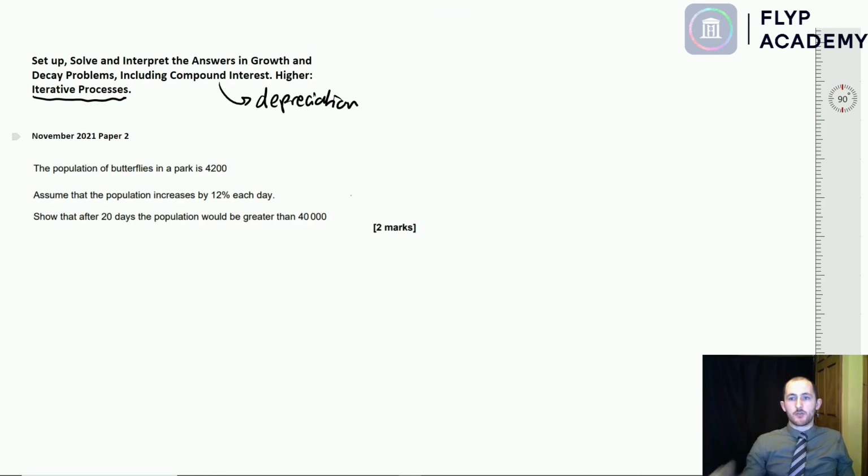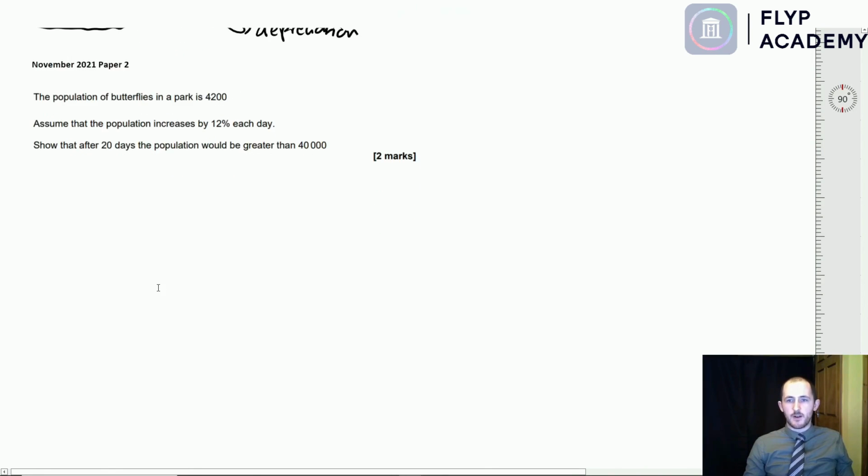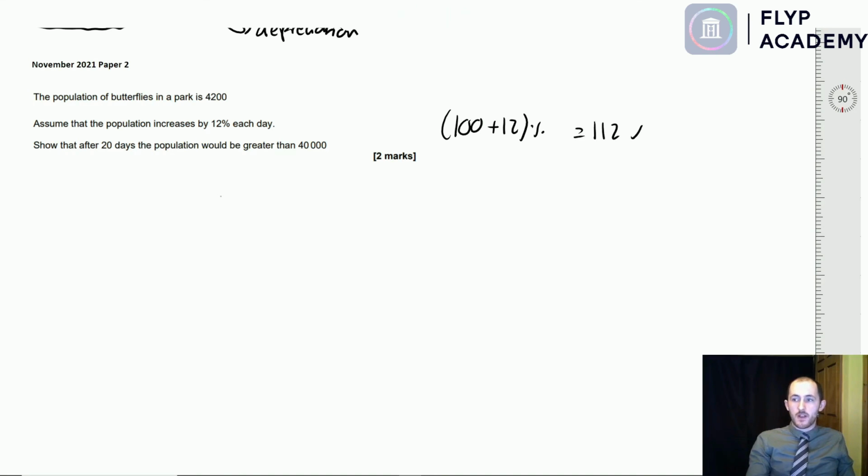It's a growth problem, which is very similar to compound interest, and it's an iterative process. So assume that the population increases by 12% each day. So once again, we have 100 plus 12%, which is 112%.